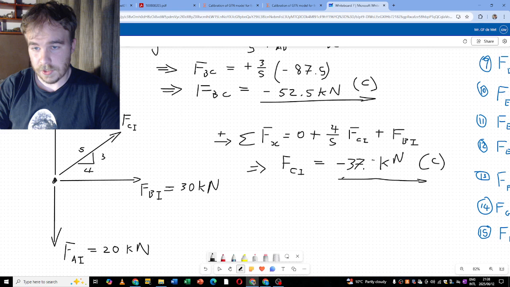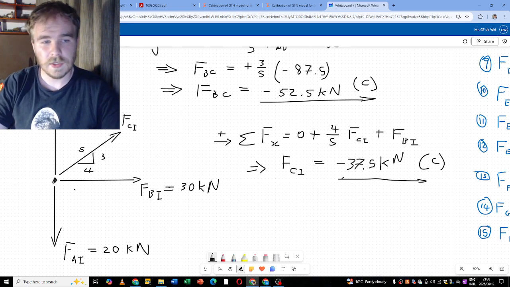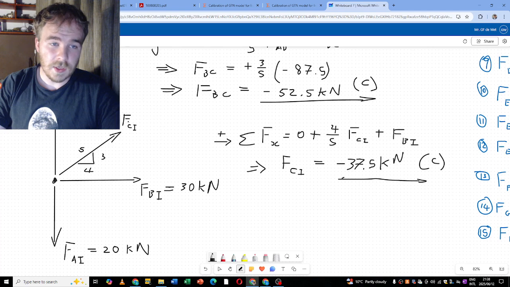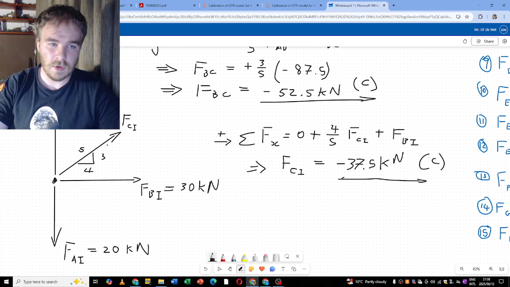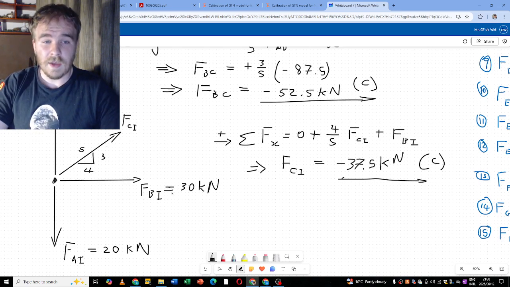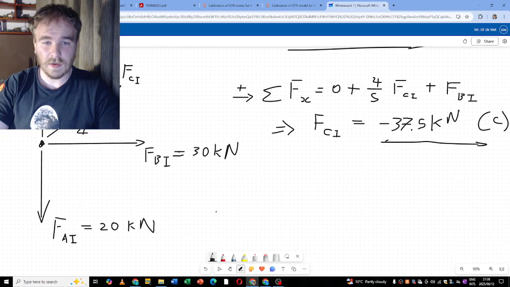Just double check. Okay, 37.5 kilonewtons, that makes more sense. Because it's already pulling in the same direction as FBI, so it needs to have the wrong sign. Otherwise there's no equilibrium. And it needs to be larger than FBI because it also has a Y component, but its X component needs to cancel out the FBI. Okay, great, so we are happy with that guy.